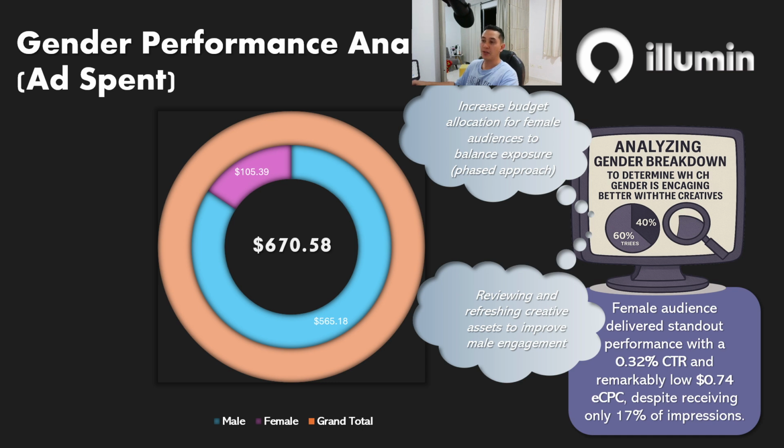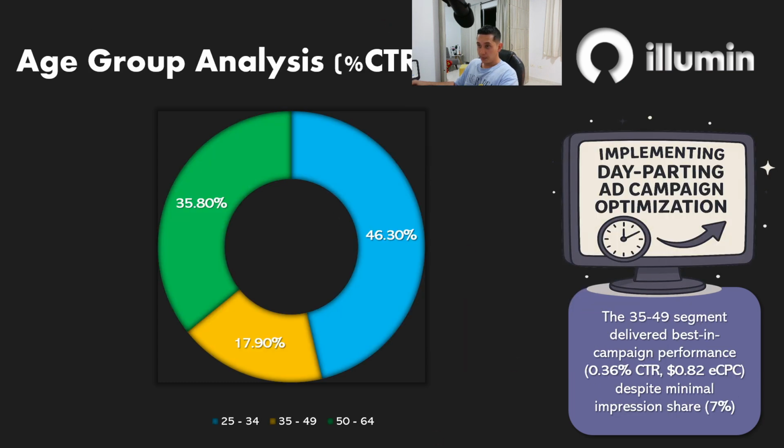Now let's look at another demographic dimension, which is age group performance. Okay, so the age targeting presents another significant optimization opportunity. The 35 to 49 age group achieved a standout 0.36% click-through rate, or CTR, and $0.82 effective cost per click, more than twice as efficient as other segments.